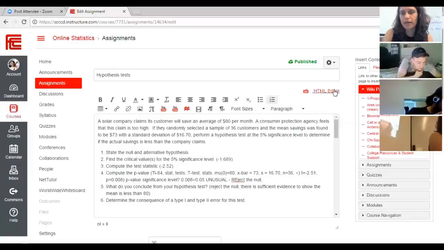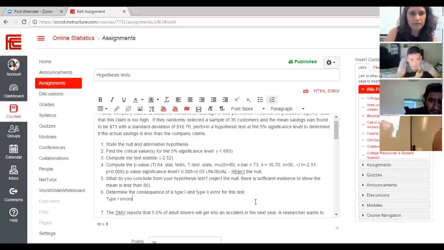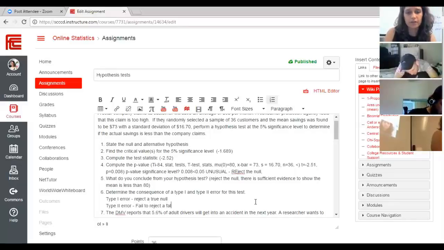Okay, so any questions on that one? Since we're here, I'll do type 1 and type 2 error. Type 1 error is to reject a true null, and a type 2 error is to fail to reject a false null.